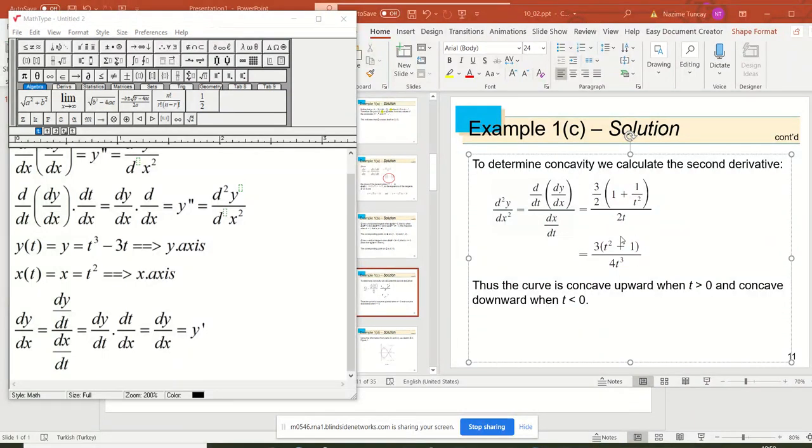You see that t square is always positive here, and if t is a negative number, the result is negative. So if it is negative, it is concave downward, and if it is positive, it is concave upward, but it's not defined when t equals 0.